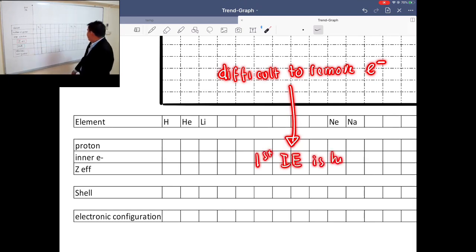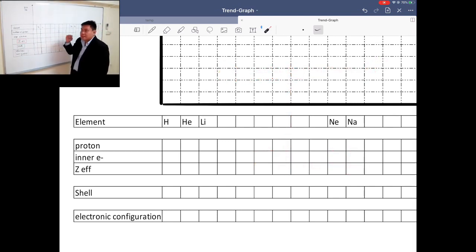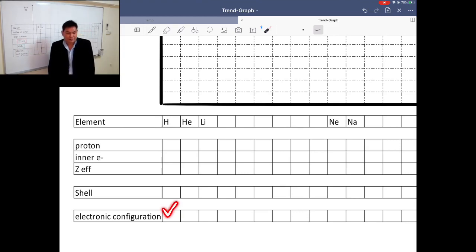Now, we are going to do a similar process like yesterday. We are going to calculate the effective nuclear charge, the number of shells and the electronic configuration. In this case, the electronic configuration will affect the amount of first IE, and we are going to see that later.